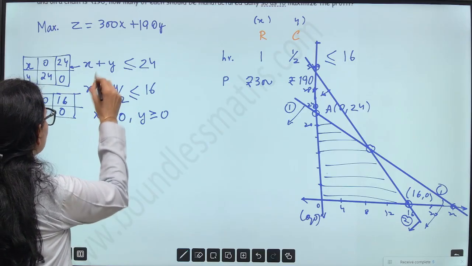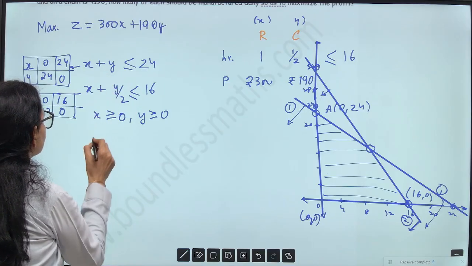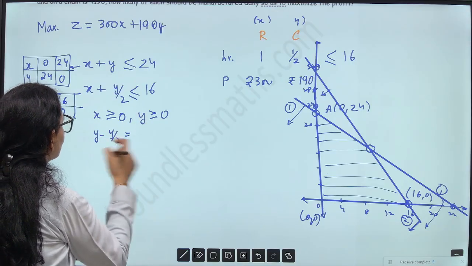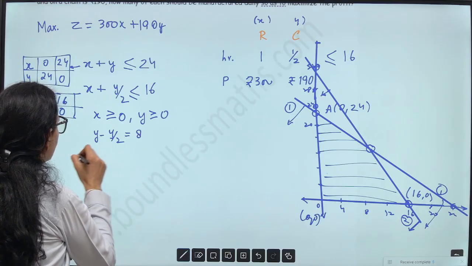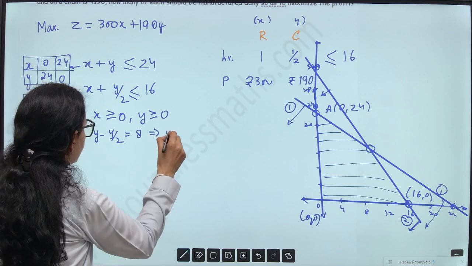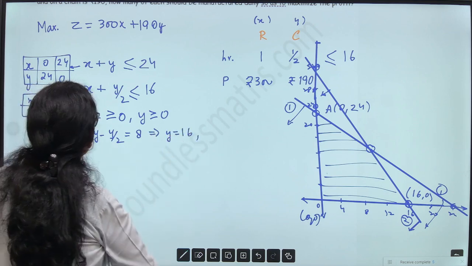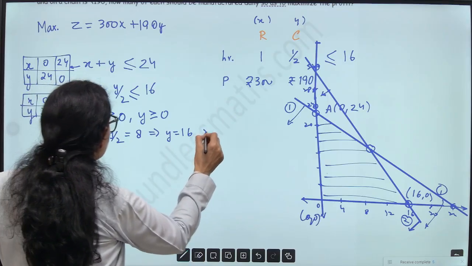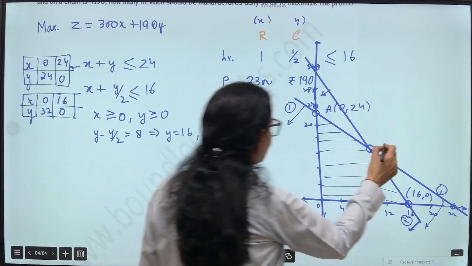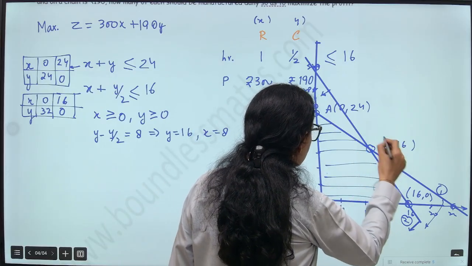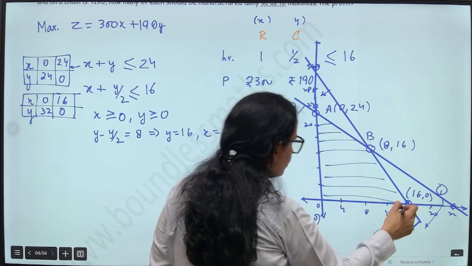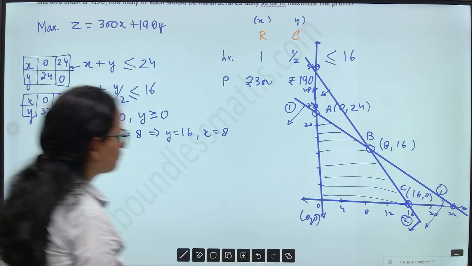So if I try to solve both of them, subtracting, y minus y by 2 equals 24 minus 16, which is 8. 1 minus half is half, so that means y comes out to be 16. If y is 16, what is x? x will be 24 minus 16, that is 8. So the point of intersection is 8, 16. So we have the corner points 1, 2 and this is the corner point C.